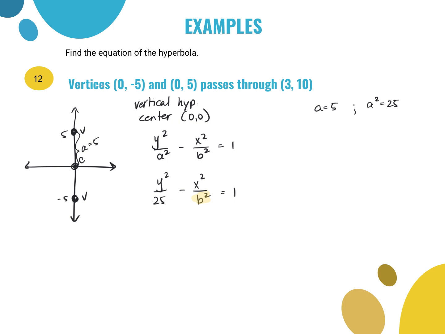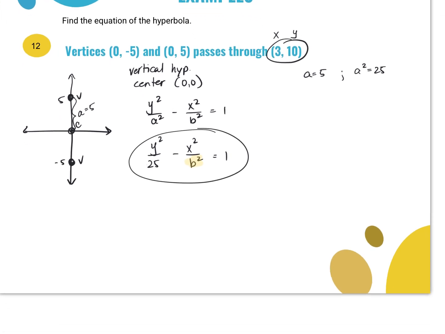What I do have is that my graph passes through a point which has an x and a y value. So if I can use those x and y values in this equation, I can find b squared. So that's what I'm going to do. The y value in that point is 10, so this is 10 squared, which is 100, over 25, minus, and then the x is 3, so 3 squared is 9, over b squared equals 1.